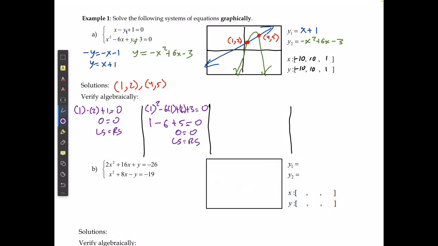Sub my second solution into the first equation. 4 minus 5 plus 1 is equal to 0, and this one balances out as well.